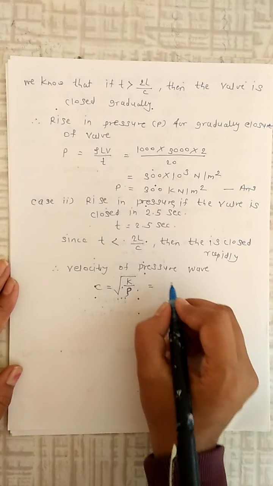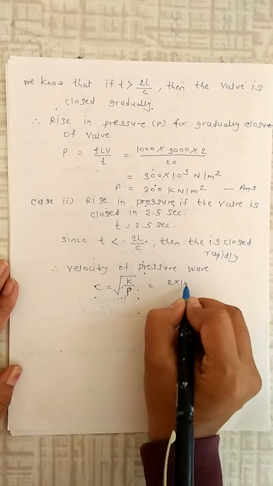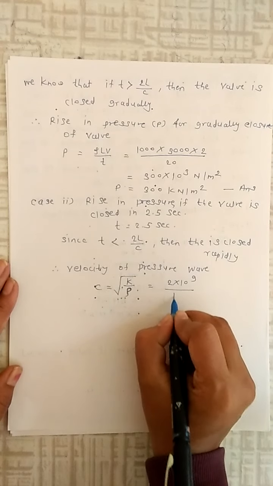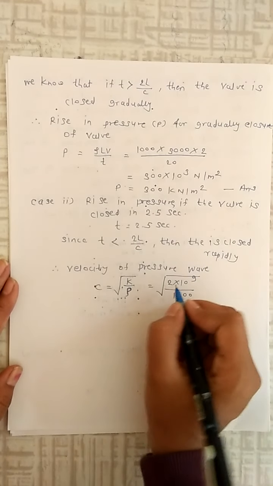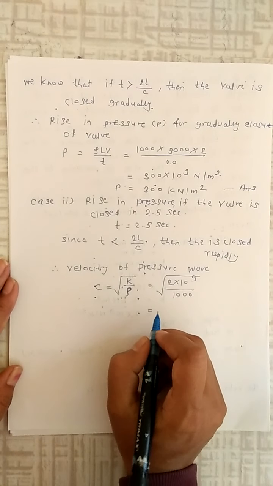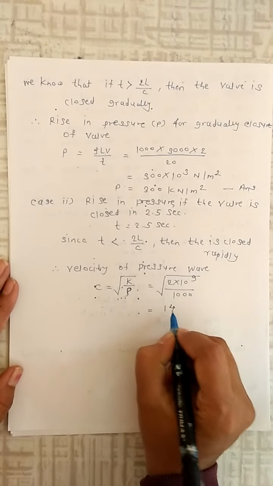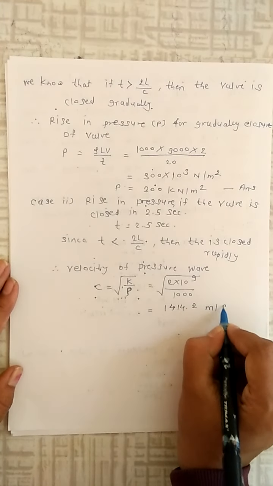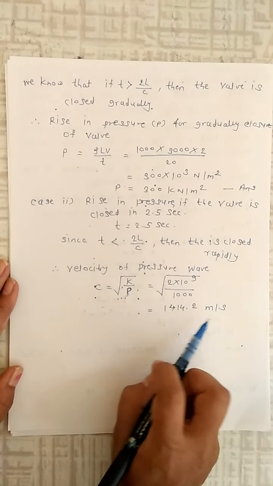Okay, so we have the value for bulk modulus as 2 into 10 raised to 9, which is given, and density for the water is 1000 kg per meter cube. After solving this square root we get the answer 1414.2 meter per second. This is the velocity of a pressure wave.